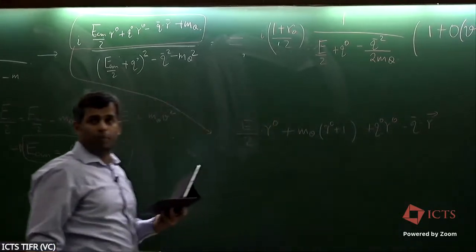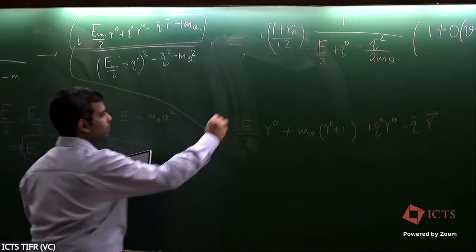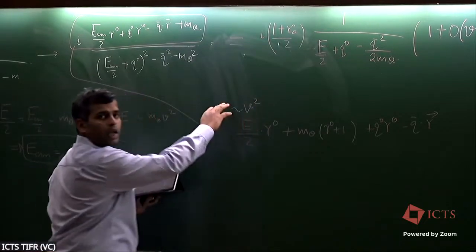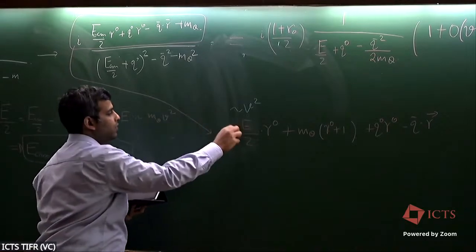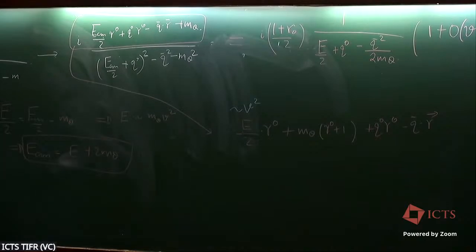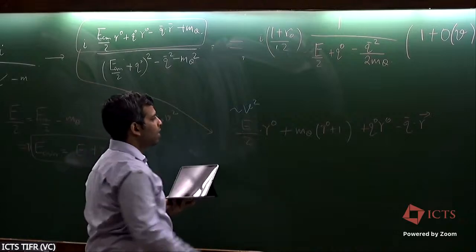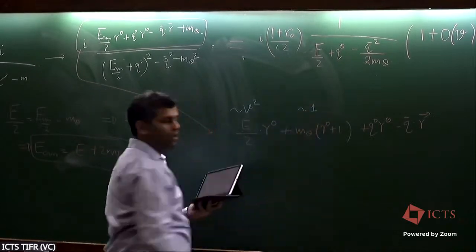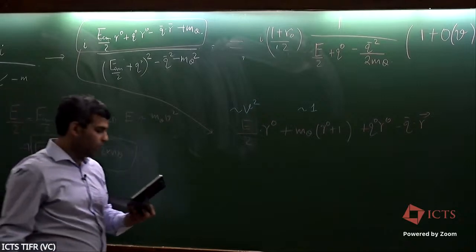So let us compute the power scaling in V. Can everybody see the blue color? Is it clear? Okay. This first term is V square, because my energy is, let's do the counting in terms of V, V square. This is order 1 in V. This is just the MQ term, this is order 1.